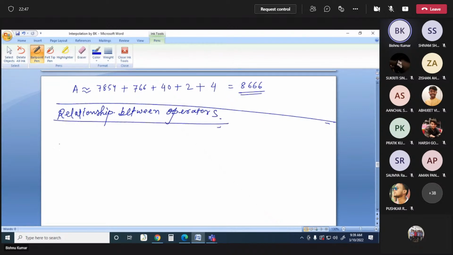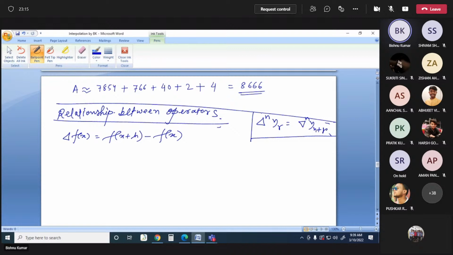So forward difference operator and shift operator: suppose you know del of f(x) equals f(x plus h) minus f(x), isn't it? And last class I told you one relationship: del^n y_r equals grad^n y_(n+r).